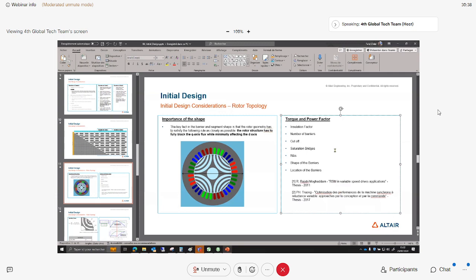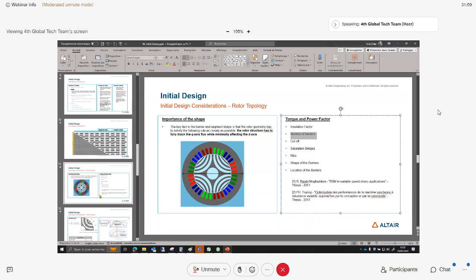We can see the same considerations for the synchronous reluctance machine, and mainly there are these parameters that make a good compromise on a good torque and a good power factor: the insulation factor, which we are going to see, the number of barriers, cutoff, saturation of the bridges, the ribs, the shape of the barriers, and the location of the barriers.